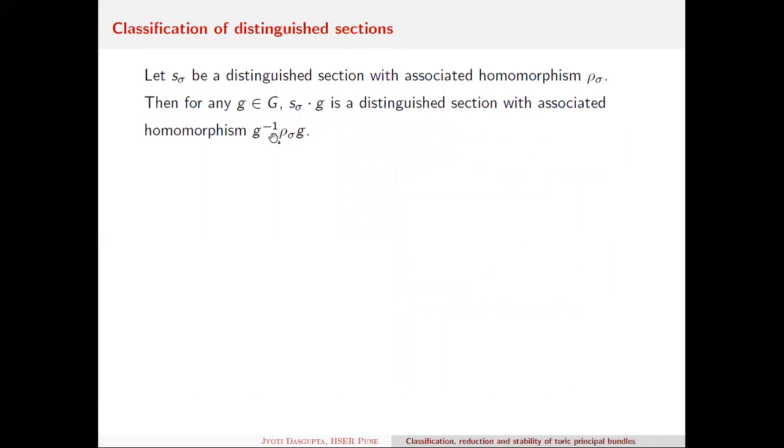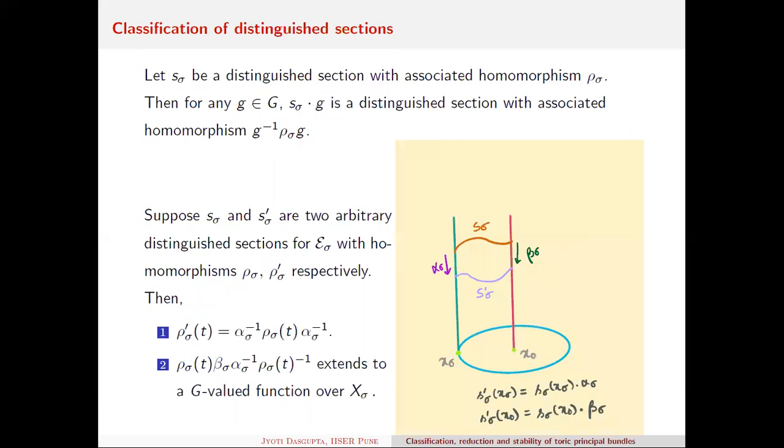But how do all the sections over the affine piece look? So we classify such things. Now, over E sigma, if we have two distinguished sections, s sigma and s sigma prime, and their homomorphisms are rho sigma and rho sigma prime, then we just have to look at fibers over two points.